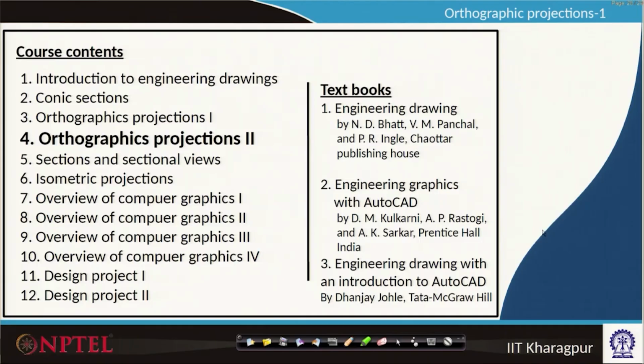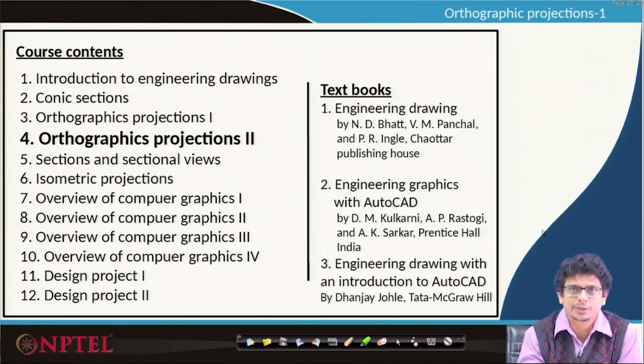In the earlier classes, we have learned about introduction to engineering drawings, something about geometric constructions. In that, conic sections we have covered like drawing cycloids, ellipse, parabola, hyperbola and others.